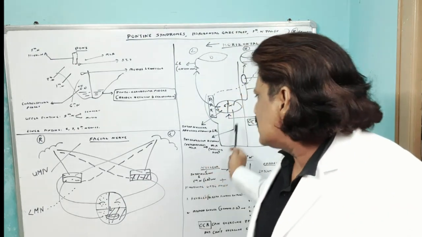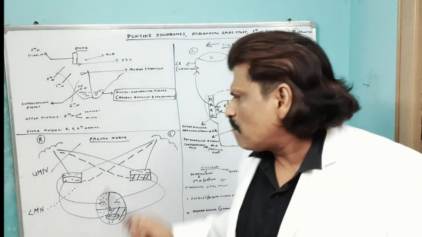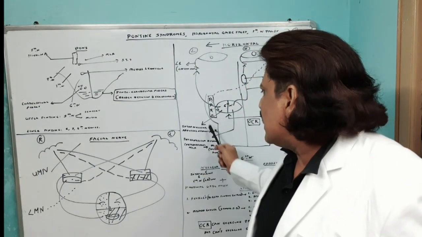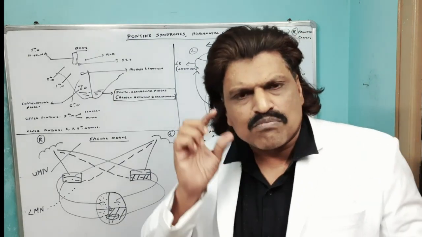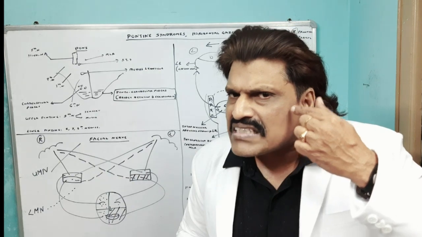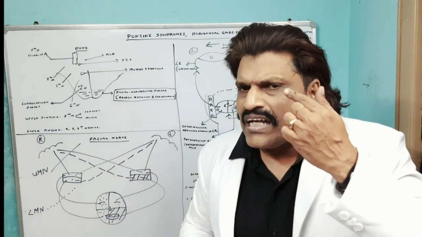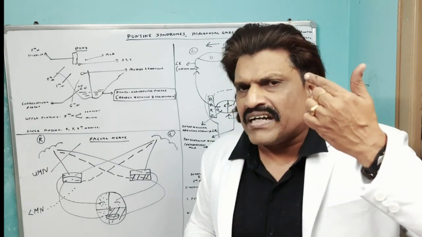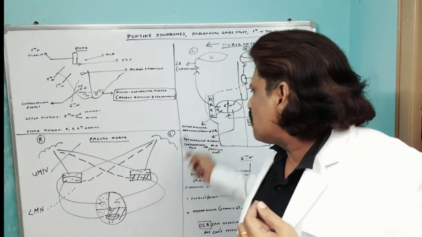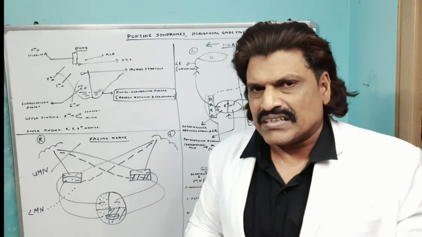The sixth nerve nucleus has got two parts. One, the intranuclear neurons, which supply the sixth nerve and the lateral rectus. So only if the sixth nerve or the intranuclear part of the abducens nucleus gets affected, only the lateral rectus gets affected.